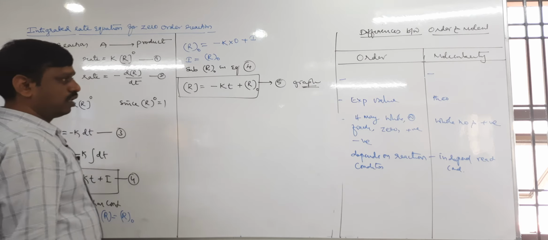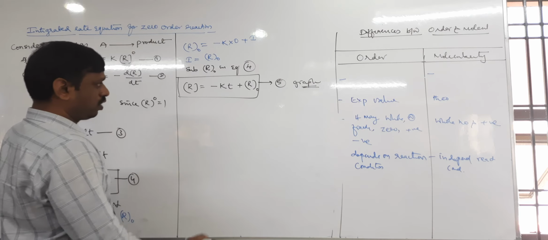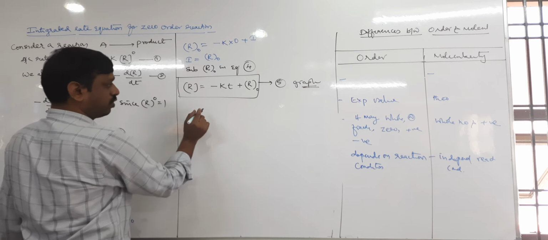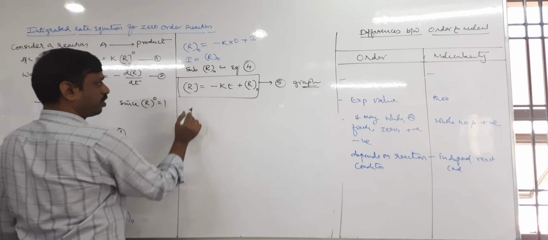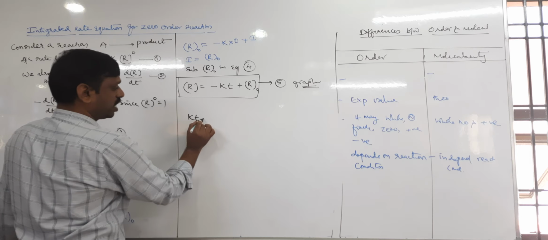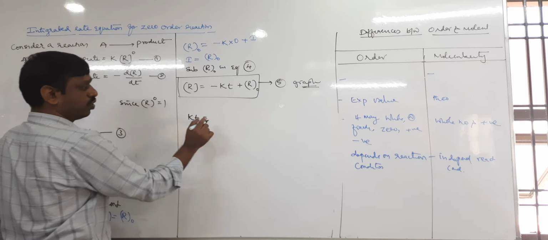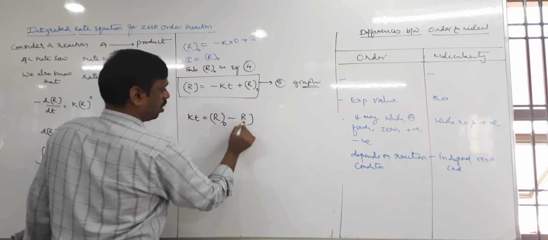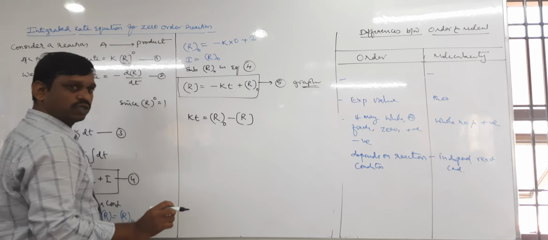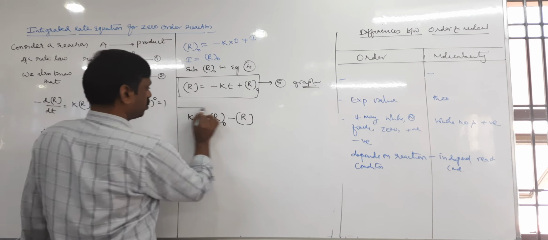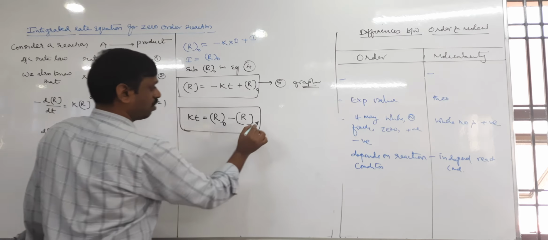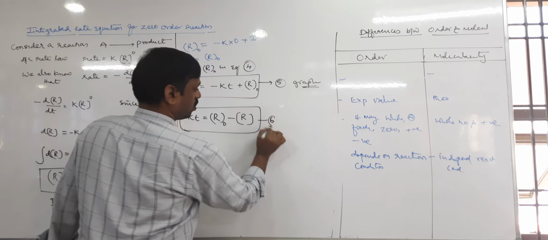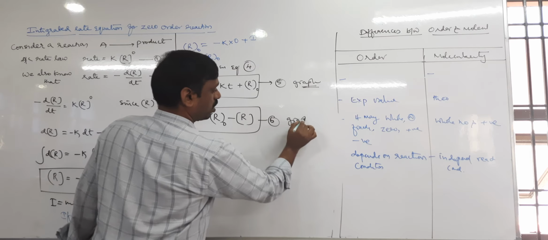Okay. Next. Now tell me, I want Kt equal to. So transfer Kt here. Minus Kt becomes plus Kt. Plus Kt equal to R naught minus R. Right? So this is another equation for graph. Graph can be plotted on this equation also.